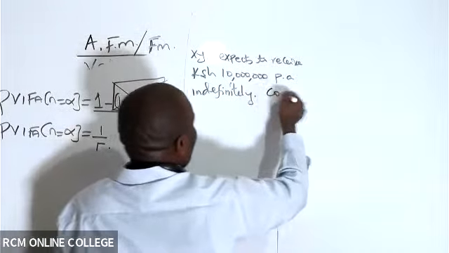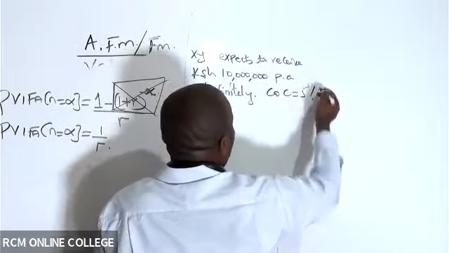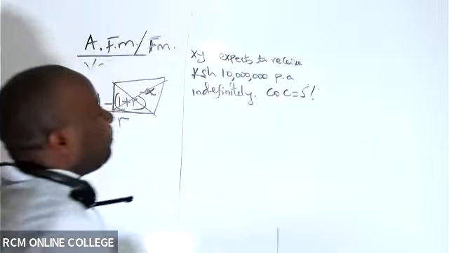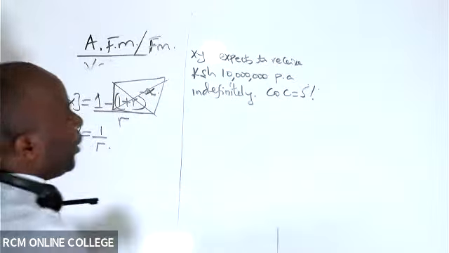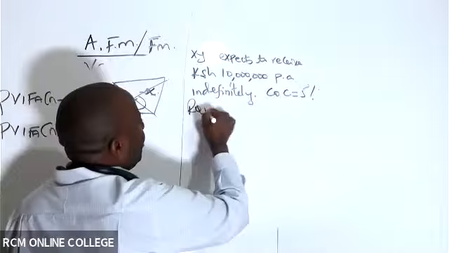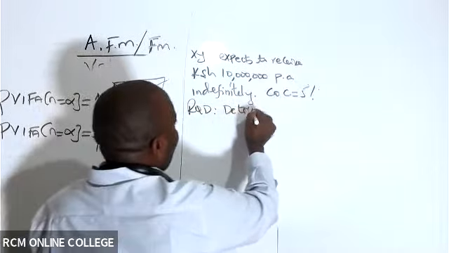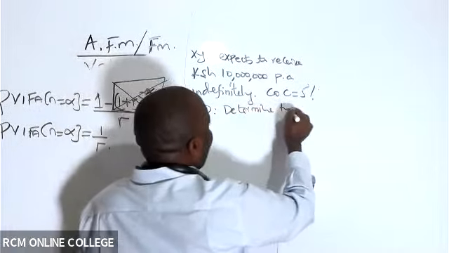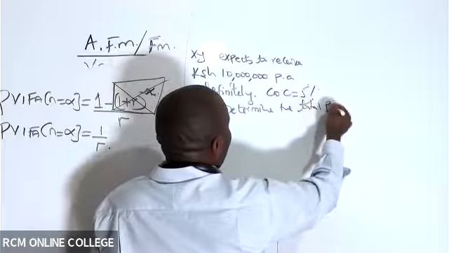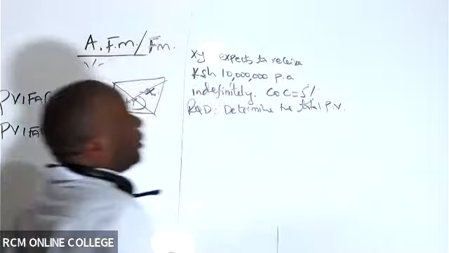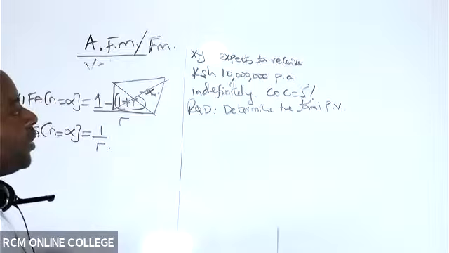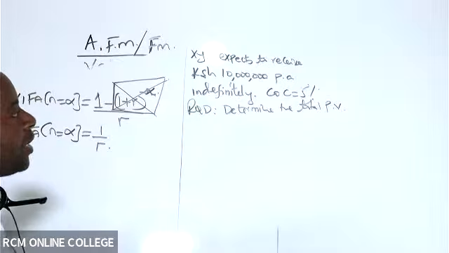And then they're giving us cost of capital as 5%. So we're required to determine the total present value. So an exercise. So we expect to receive 10 million every year indefinitely without an end in sight, where n is infinity.